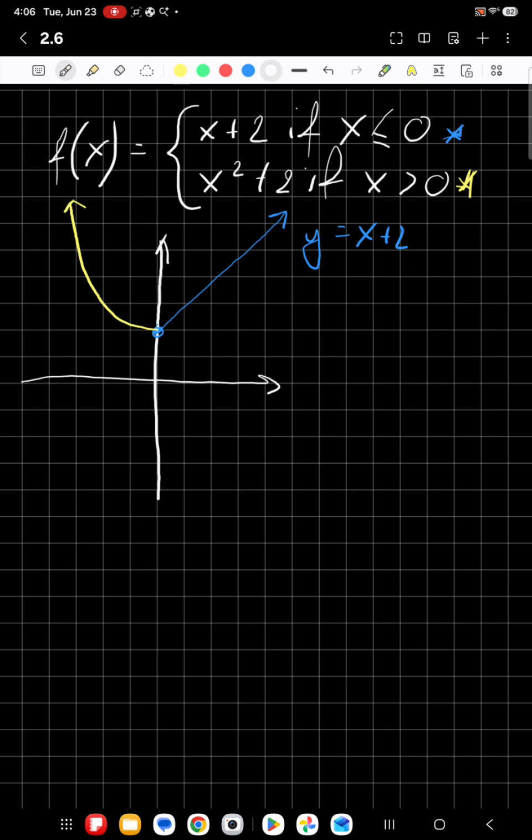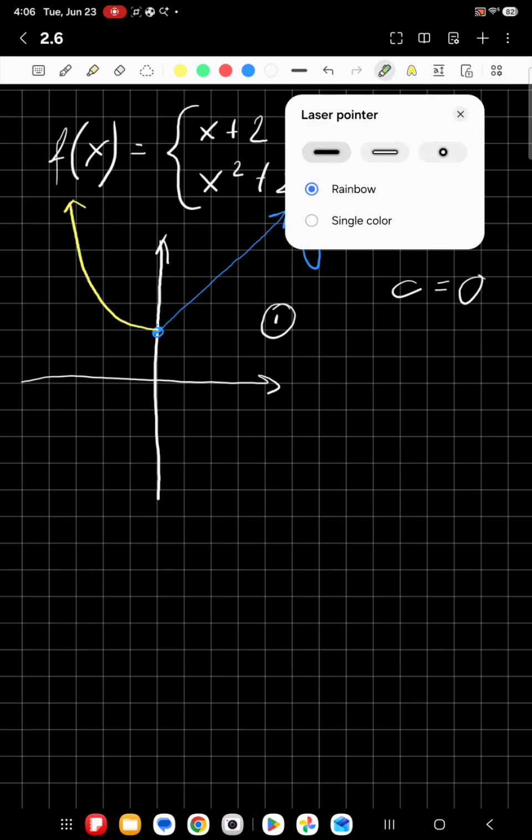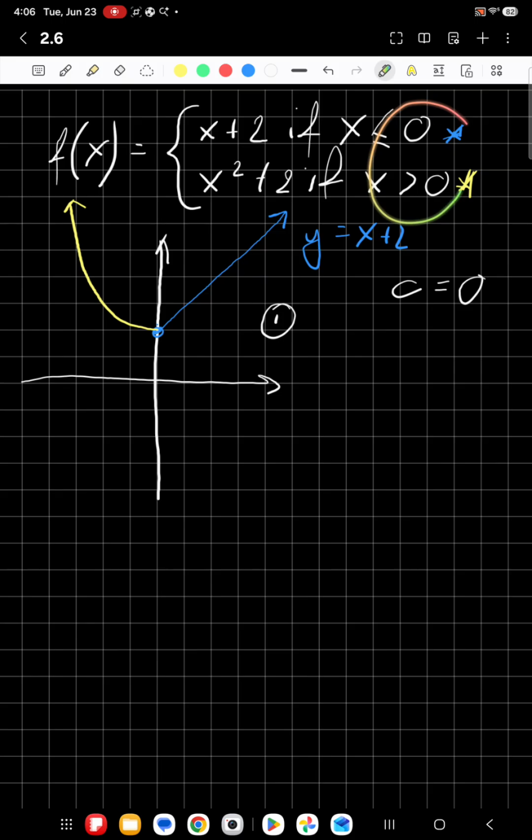Okay, now let's look at those conditions. For the first one, we're checking c equal to 0. That's the only possible point of discontinuity, because we know that each part of this function is continuous, but we have a combination of those two, a piecewise function. So we're checking at 0, where the number c is 0. So what is f of 0? Is the function defined at 0?